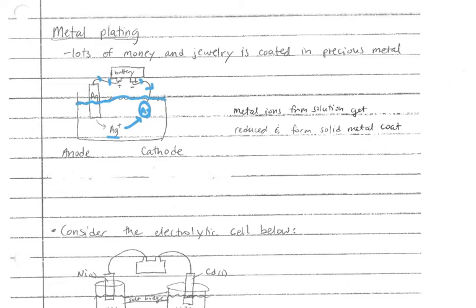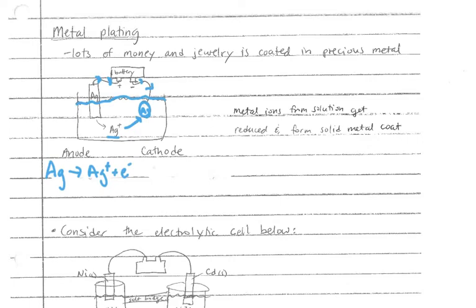So remember, wherever the reduction reaction is, that's the cathode, and wherever the oxidation reaction is, that's the anode. So the silver is losing electrons. Here are the electrons going to the battery. We can see that the ion is silver 1+, so it must be losing one electron.